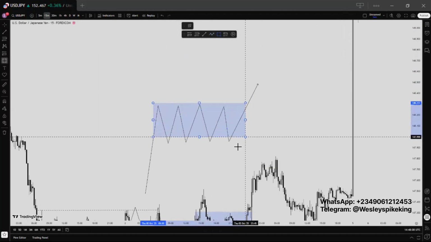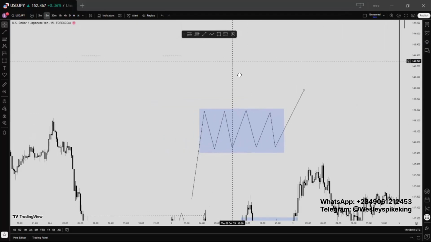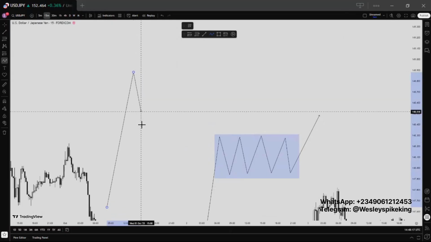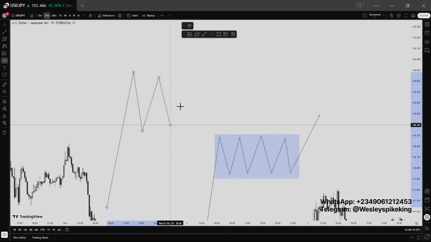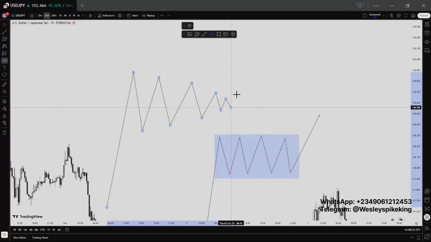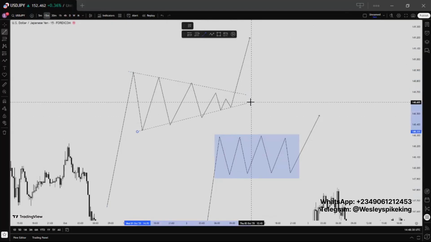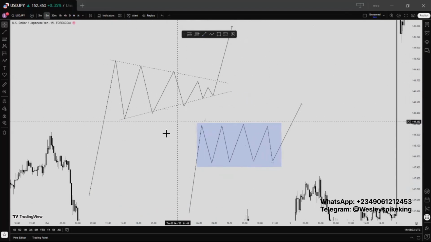Then it can also form in the form of a triangle, whereby it forms something like this. Then you now have what looks like a triangle, but it's still the same rally base rally.